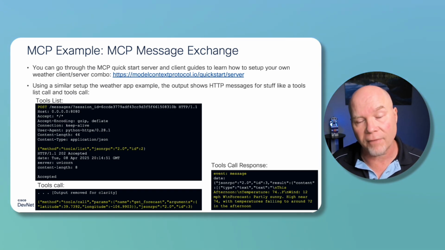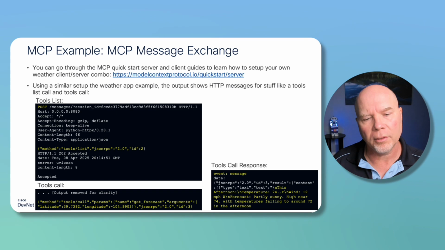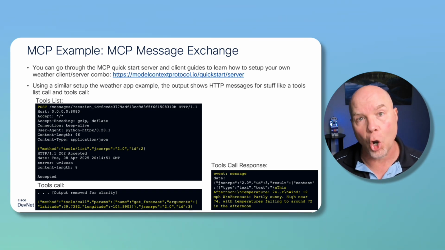And then once I find the tool that I want, I'll make an actual tool call. So I'll come back with an HTTP post from the client and say tools/call, and then I will name the tool, get_forecast, and then the arguments for that specific tool. In this case, the latitude and longitude of where I'm at, and where I want to get weather information, right?